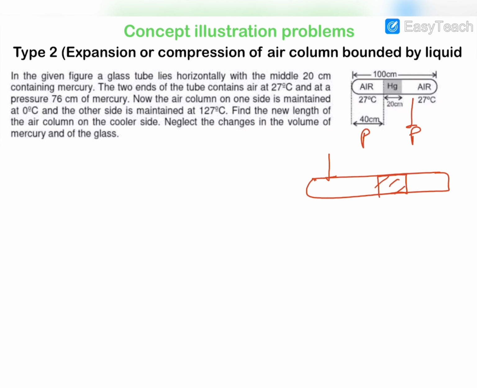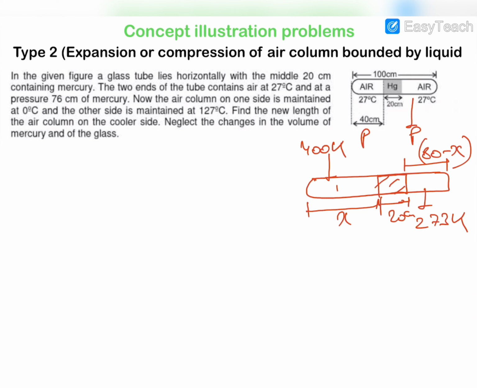Let us suppose that this side has a temperature of 127 degrees Celsius, which is 273 plus 127, that is 400 kelvins, and this side is now at 273 kelvin, 0 degrees Celsius. So the length of the higher temperature side will increase, and let us suppose that the new length is x, and this length will be 80 minus x, because the sum of these two lengths will be 80, because the length of mercury will not change and it will remain equal to 20 centimeter.